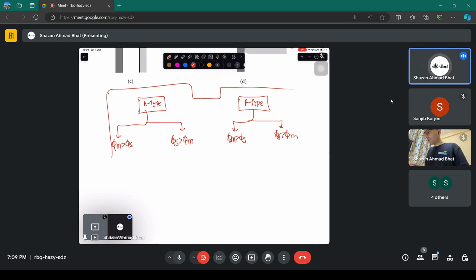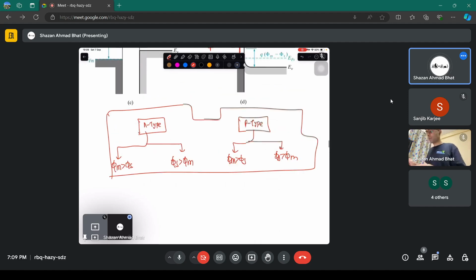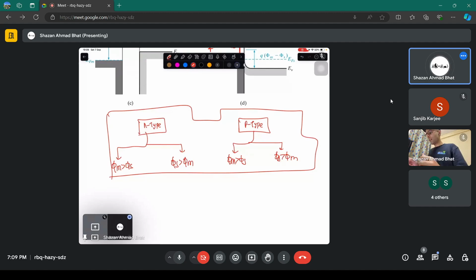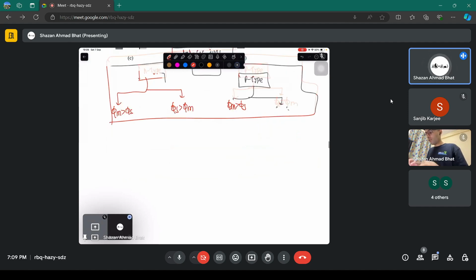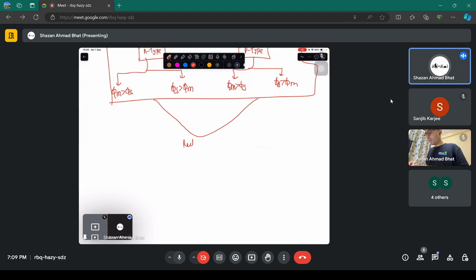These are the scenarios you need to consider in the metal semiconductor junction. I should not use the word Schottky junctions, because these are actually metal semiconductor junctions. And you need to think only in terms of when it's a rectifying contact, and when it's an ohmic contact. That's it about the metal semiconductor junctions.